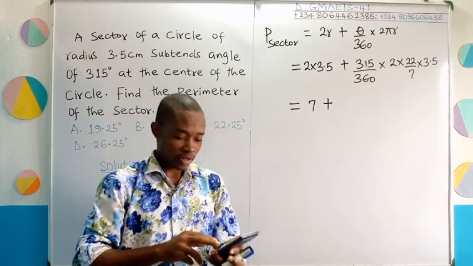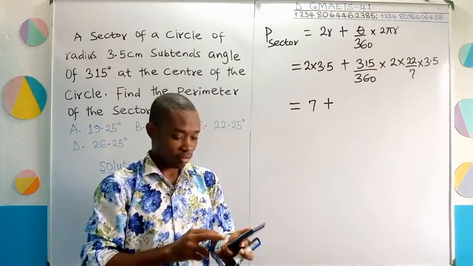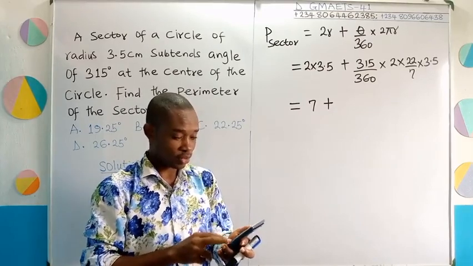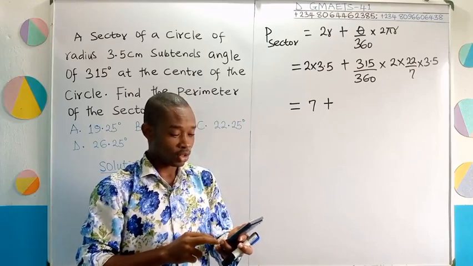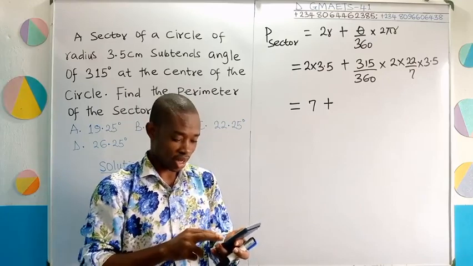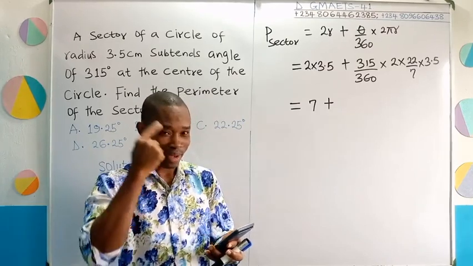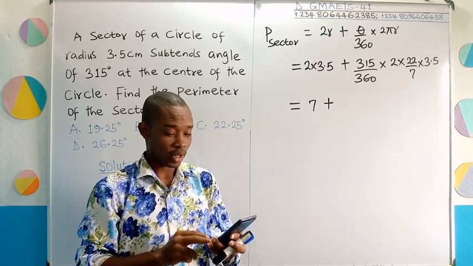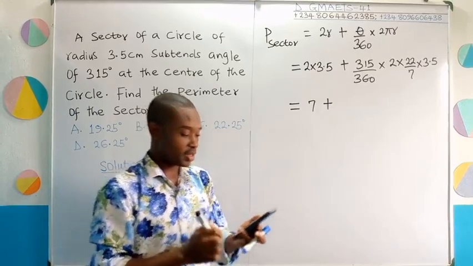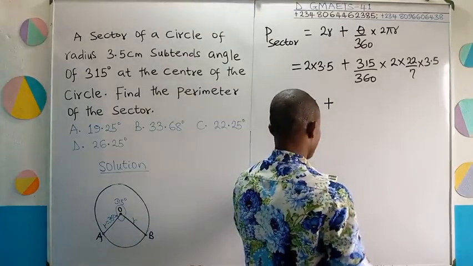Okay, so let's go, please. 315 multiplied by 2 times 22 times 3.5. I've told you that 360 times 7 will always give us 2520. If you work on that, this gave me 19.25.